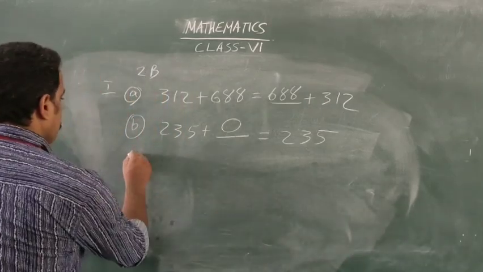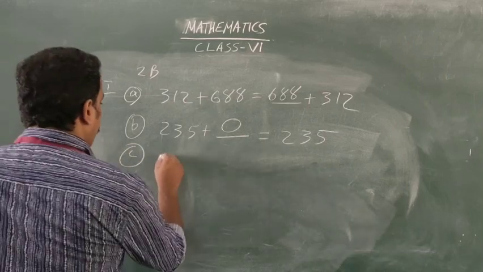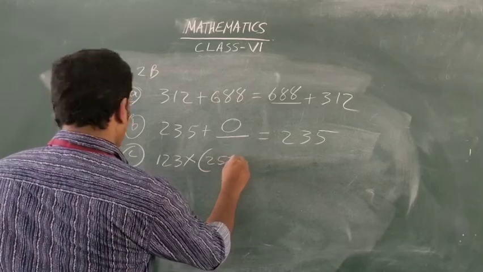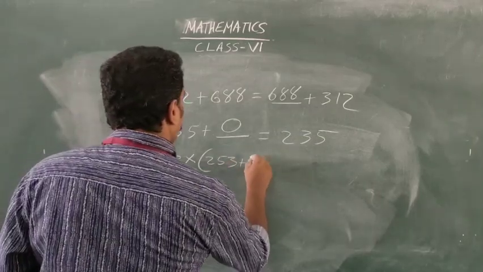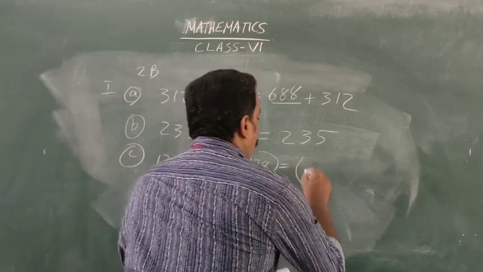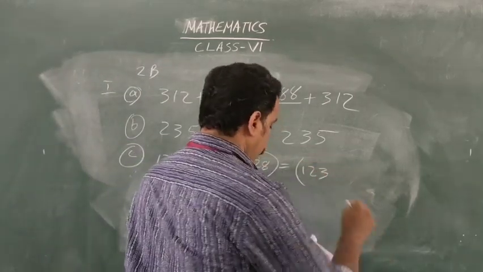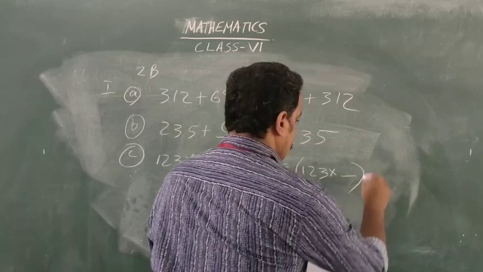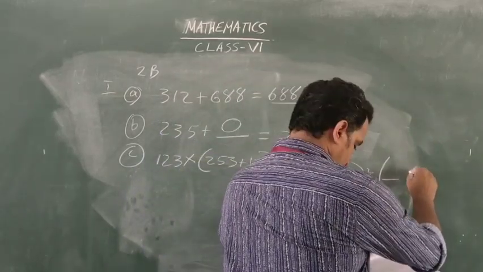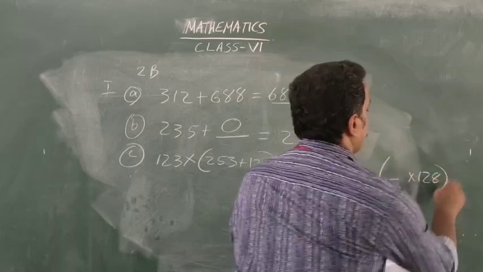Question number C, distributive property. We discussed that already. Here 123 into 253 plus 128 is equal to 123 into dash plus dash into 128.